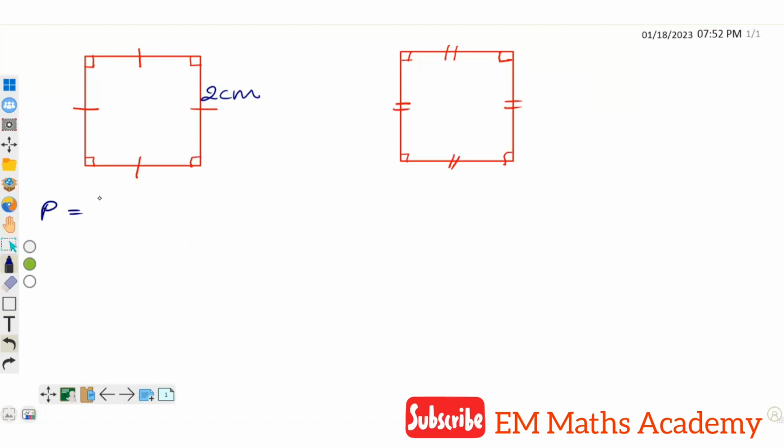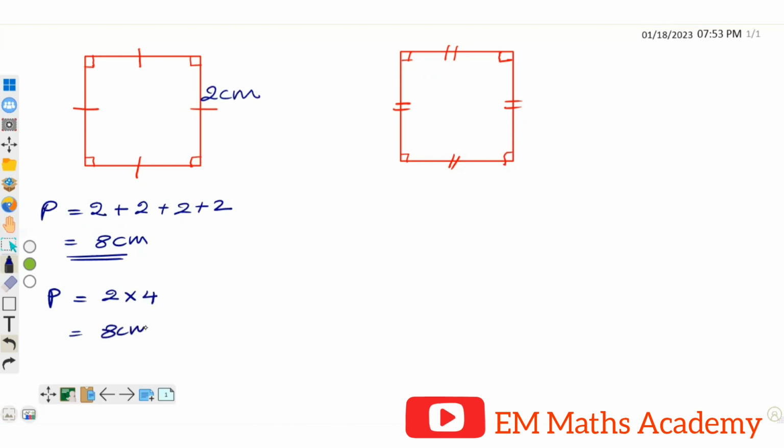As I mentioned, we have to add all the lengths of the sides. Then it is 2 plus 2 plus 2. But we know that all the sides are equal now. That means there are 4 sides. So 4 times 2, 8. It can be obtained like that also. Okay. Then by adding, or multiplying the length of the side by 4, it is 8 centimeters.